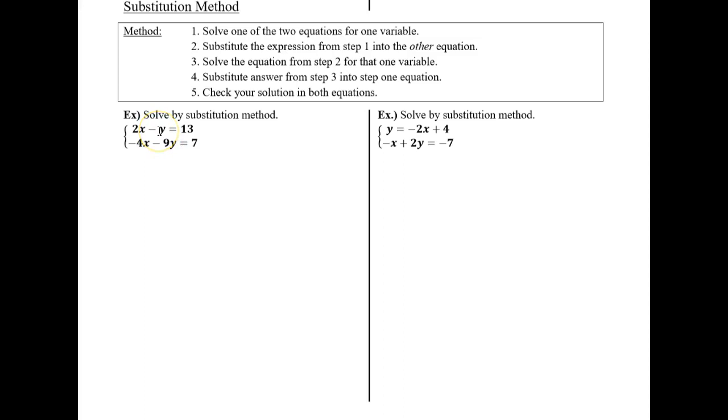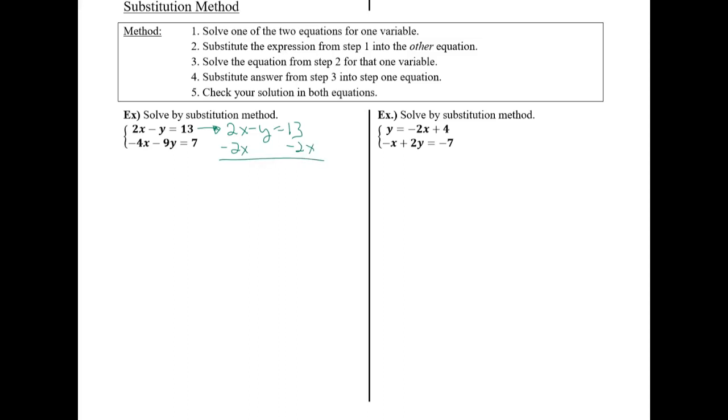So I'm going to start by solving one of the two equations, whichever one's easiest, for one of the variables. It could be x, it could be y. So I'm going to choose the first equation since it's going to be easiest to get this y alone. So 2x minus y equals 13. If I want to get y alone, I need to subtract 2x from both sides.